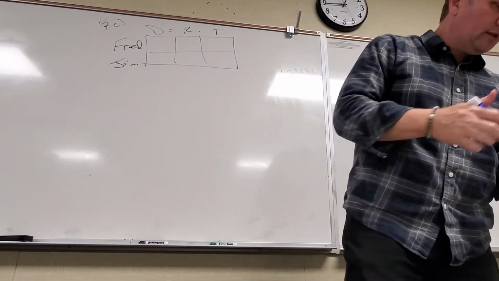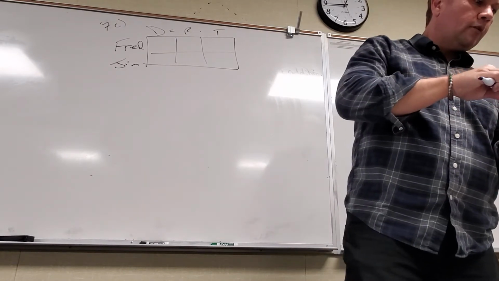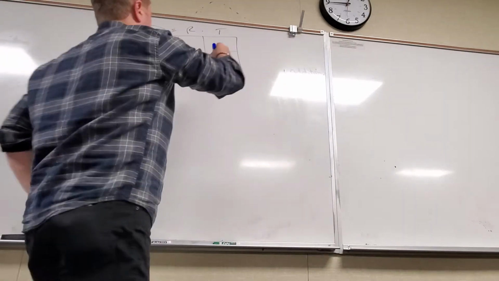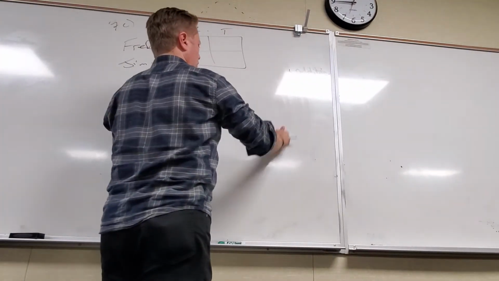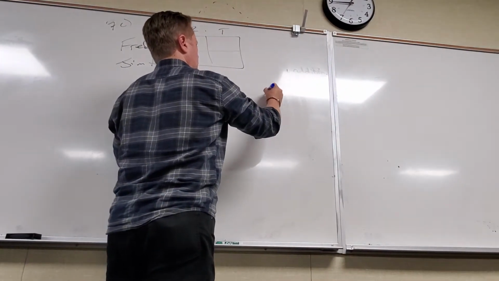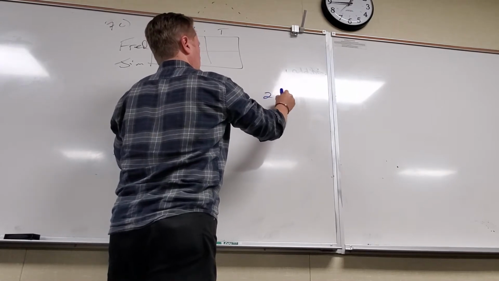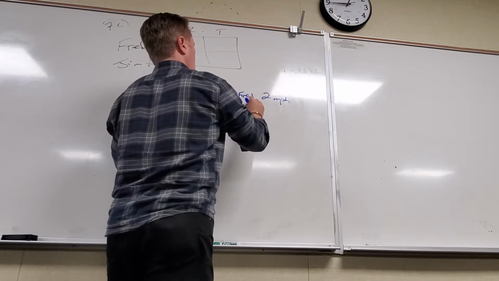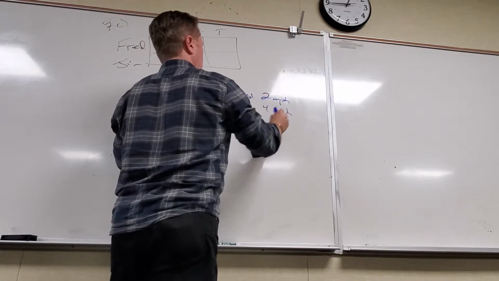So let's say this. Fred and Jim in a race. Let me give them specific speeds. So let's say Fred runs at 2 miles an hour and Jim runs at 4 miles an hour. Let's see how this works.